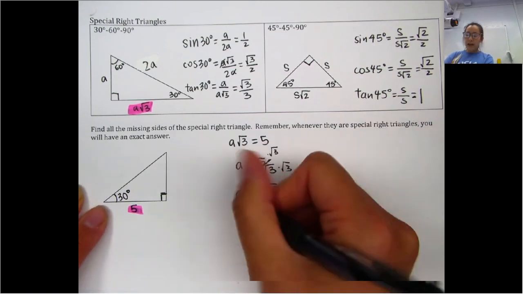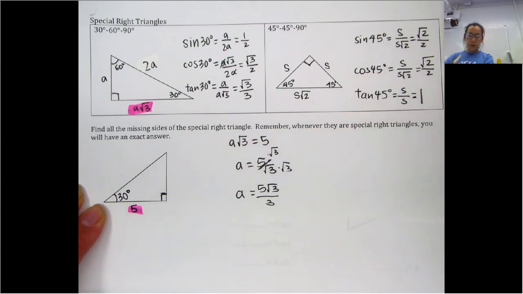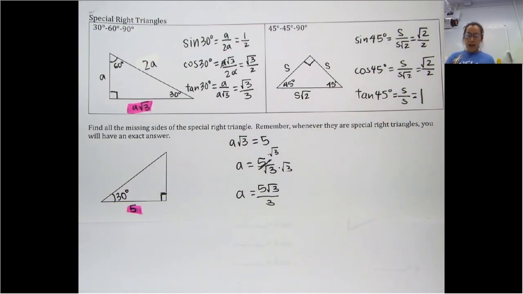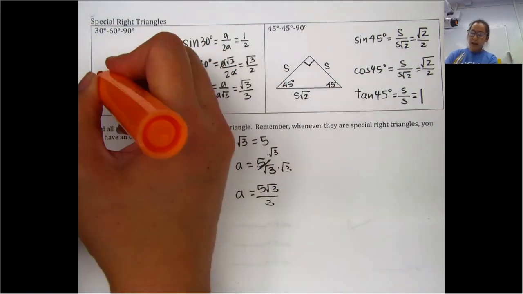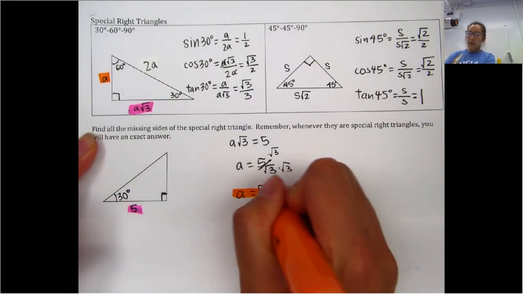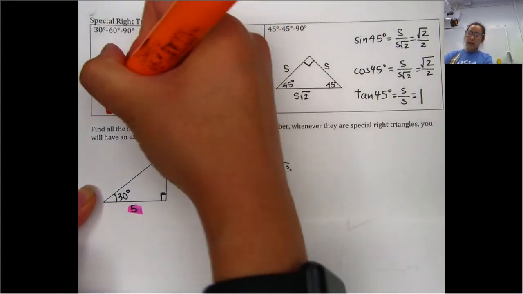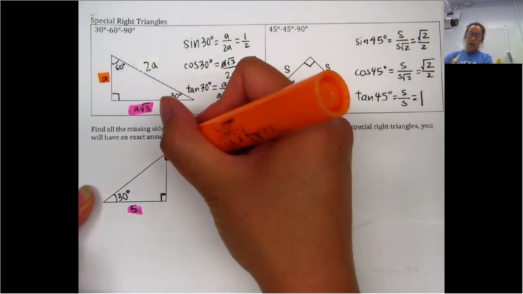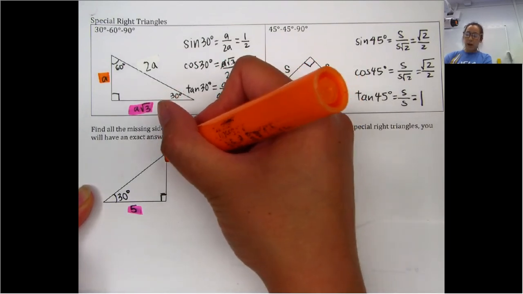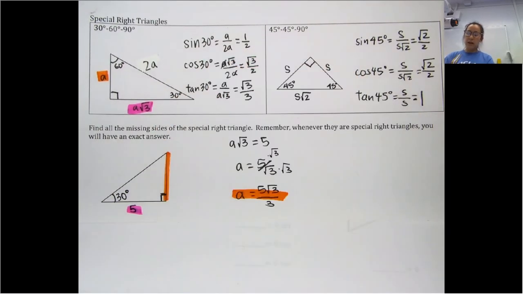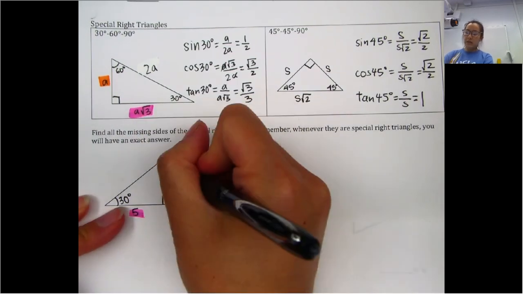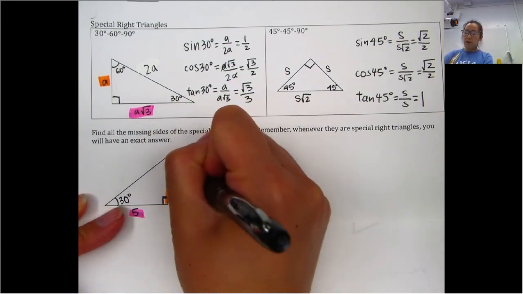And so if A equals 5 root 3 over 3, wherever the A is, so if this is A right here, that's what this is going to be. Well, this one is next to the 60-degree angle, or opposite of the 30-degree angle, so that's going to be this side right here. So this side is going to be 5 root 3 over 3.